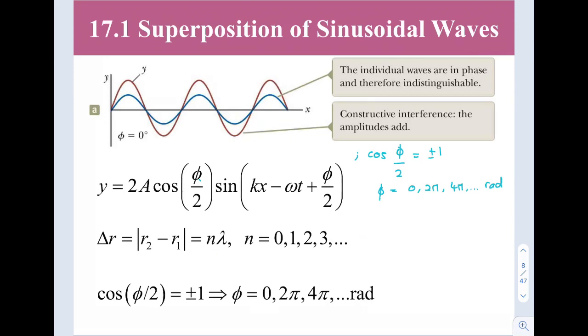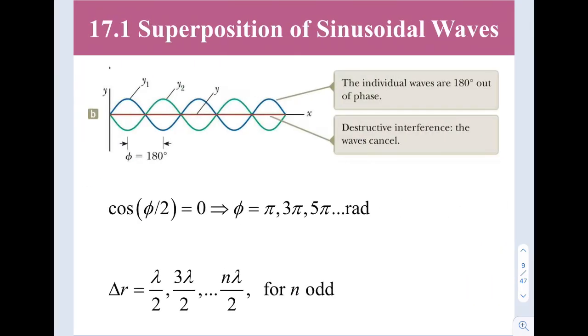If the path difference R2 minus R1 is equivalent to 1 lambda, let's say, constructive interference also happens, and so on. In other words, cos(phi/2) must be plus or minus 1.